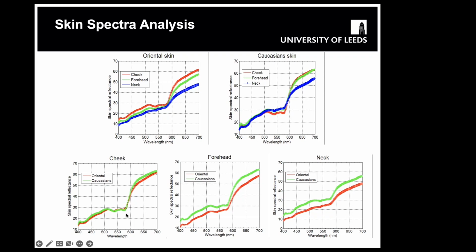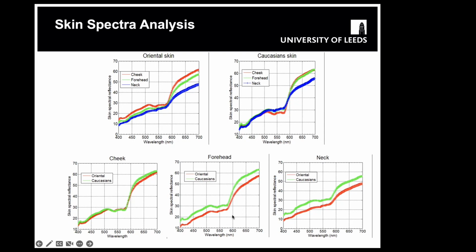If you compare the Caucasian average skin reflectance with the Chinese average reflectance, they almost overlap each other. Okay, that is for the cheek area. But if you look at the forehead, the Caucasian spectral reflectance curve is just above the Chinese average reflectance curve, but the shape of the curve looks very, very similar.